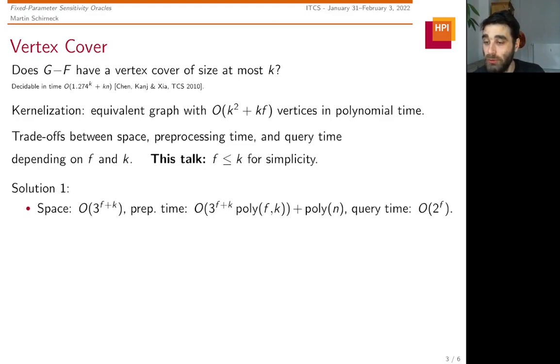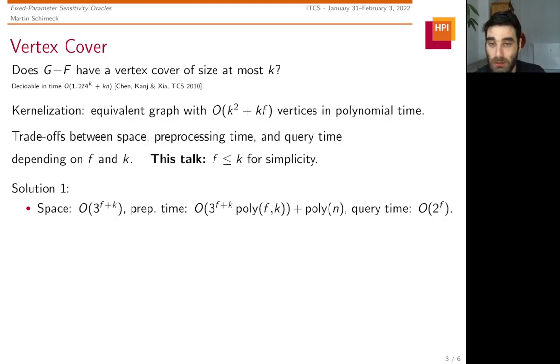In our first solution, we get a space of 3^(f+k), so independent of the graph size, and it can be computed in time essentially proportional to its space plus the polynomial preprocessing, and has a query time of 2^f, so entirely independent of k.